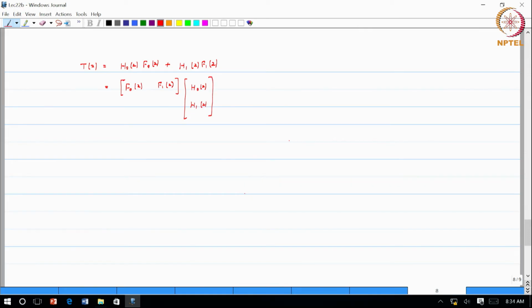And if you now write down the expressions, what you will get is 1/2 Z inverse E1 of Z squared, E naught of Z squared, a 2 by 2 matrix 1 1 1 minus 1, followed by another 2 by 2 matrix 1 1 1 minus 1, and this one would be E naught of Z squared, Z inverse E1 of Z squared.